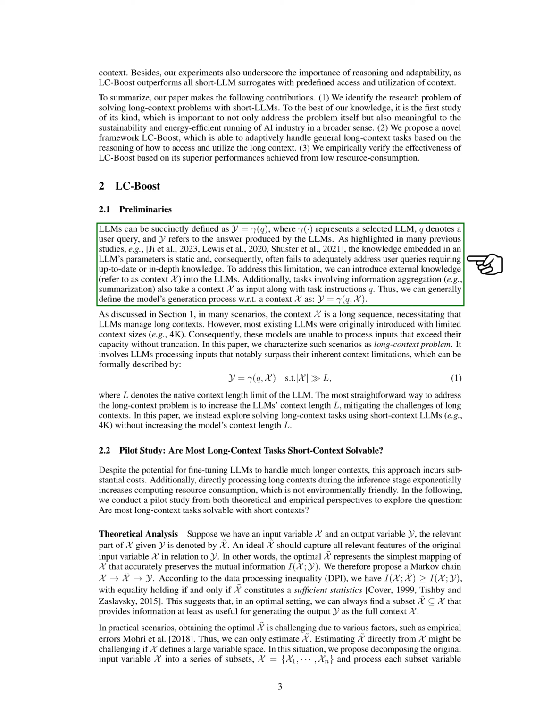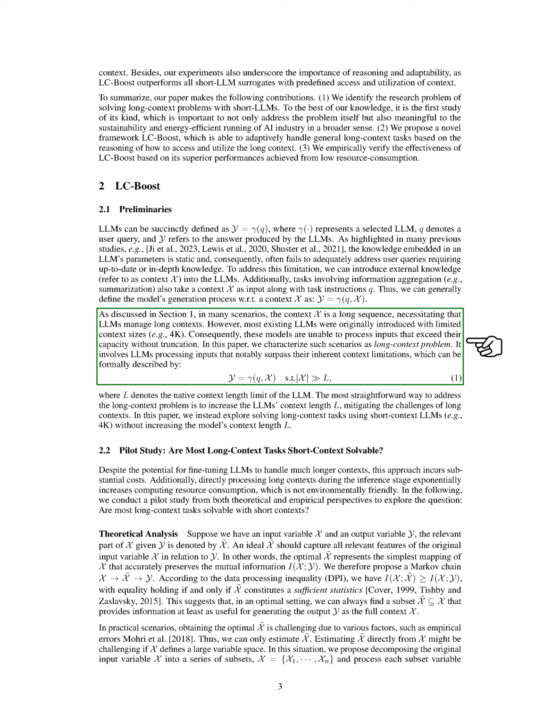To overcome this limitation, we introduce external knowledge, referred to as context X, into LLMs. Tasks like summarization also require a context X, along with the user query Q. The model's generation process with respect to a context X can be generally defined as Y equals gamma Q X.